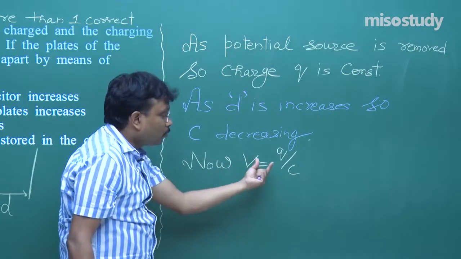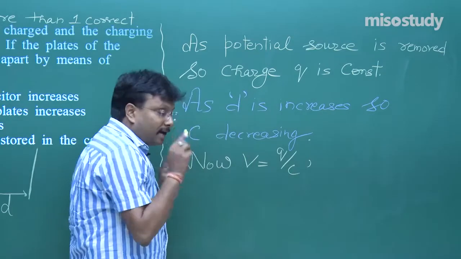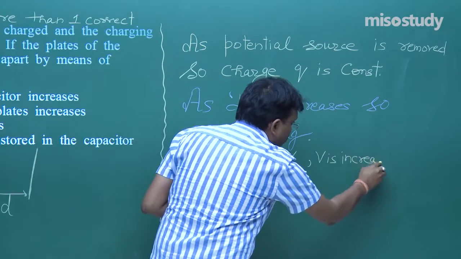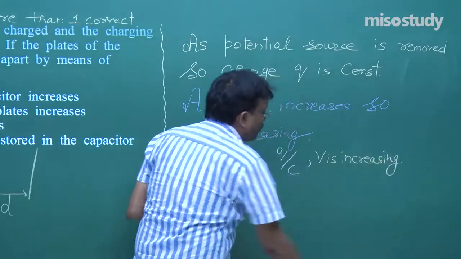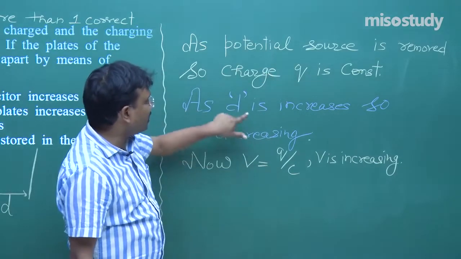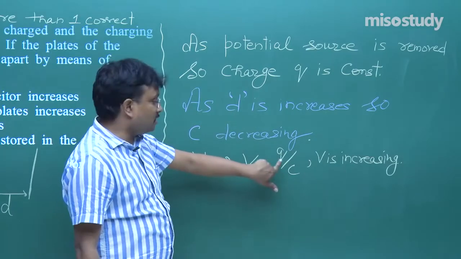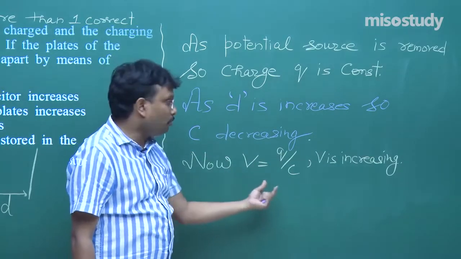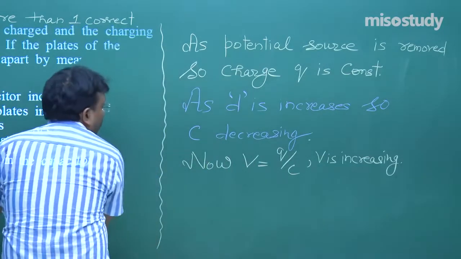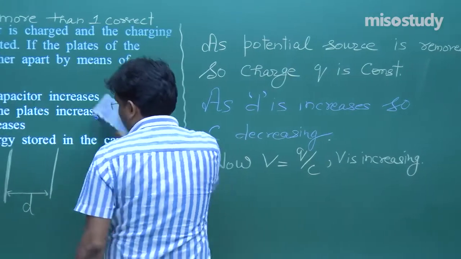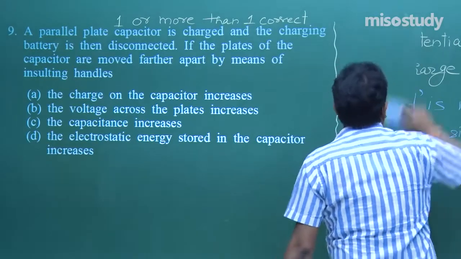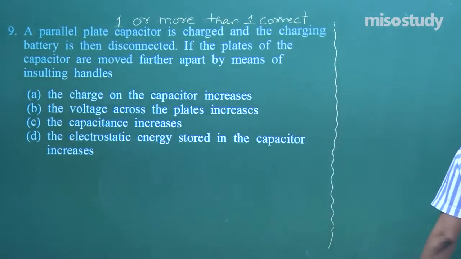Now V is equal to Q by C, and if I am directly writing V is increasing, so I hope now nobody will say why. Reason, Q is constant mentioned here, C is decreasing mentioned here. So denominator reducing, this is constant, so ultimately V is bound to increase. Fine, that is potential is bound to increase. Okay. So after these three statements, let me clean up some portions so that I can further explain other related aspects of this particular question.